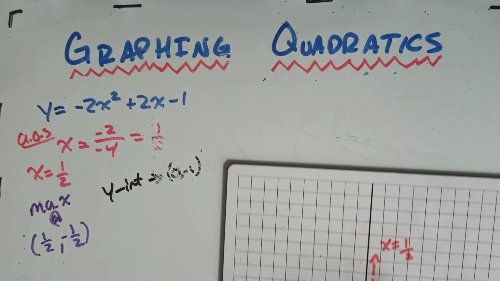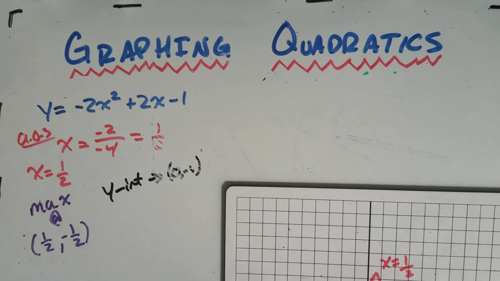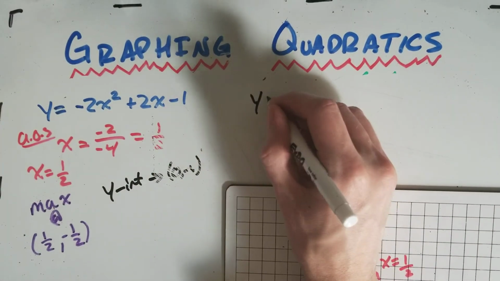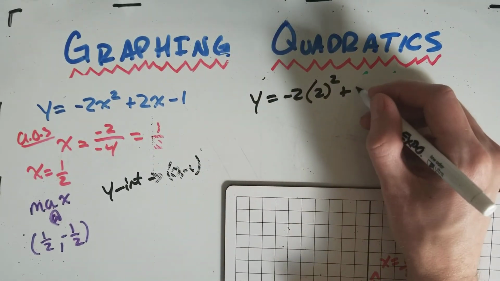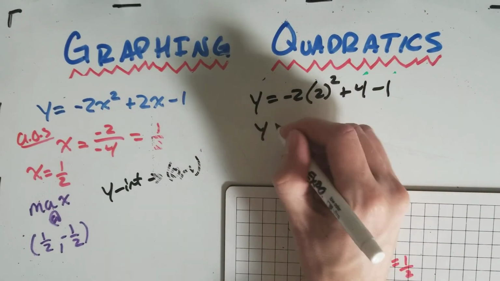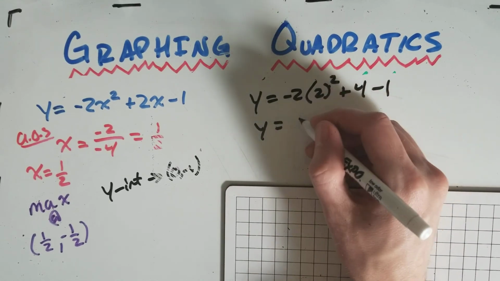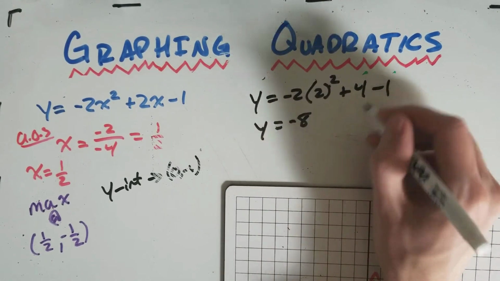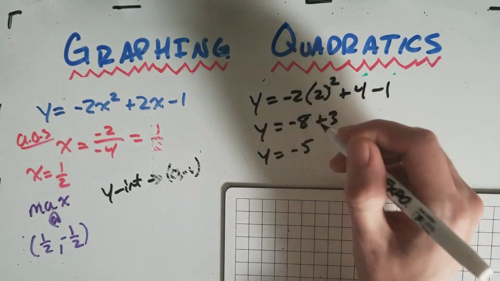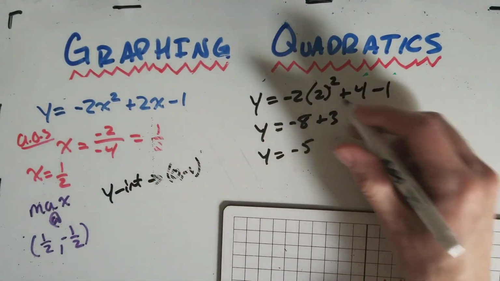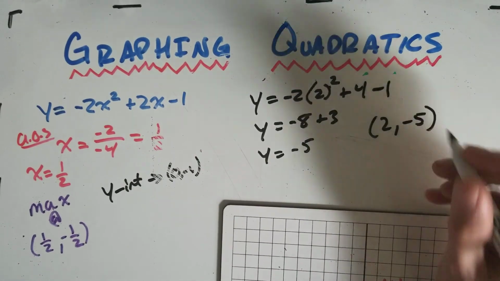So let's find out what happens when x is 2. So when x is 2, 2 squared is 4 times -2 is -8, plus 4, minus 1. So y is going to be -5. So when x was 2, y is -5.